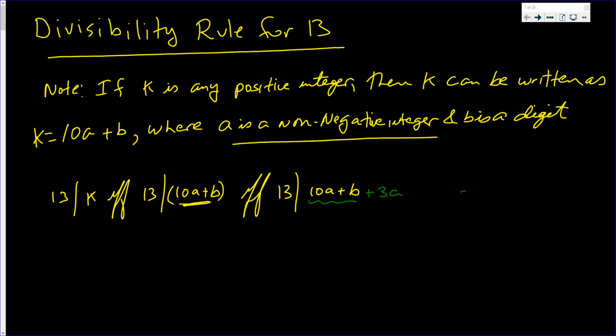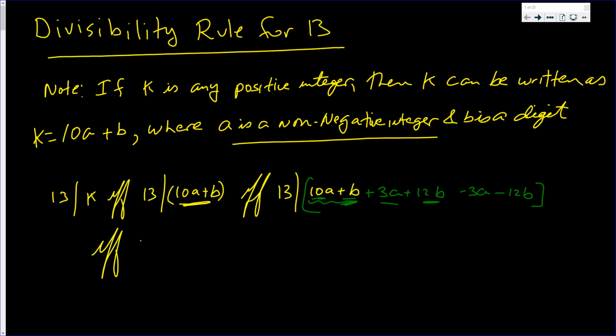So before I forget, I better take away 3a. Why did I add 3a? Because 10a plus 3a is 13a. And when it comes to the plus 1b, I'm going to add 12b. So now this plus that is 13b. Well, I better take away the 12b. What's in green is really 0. Okay.